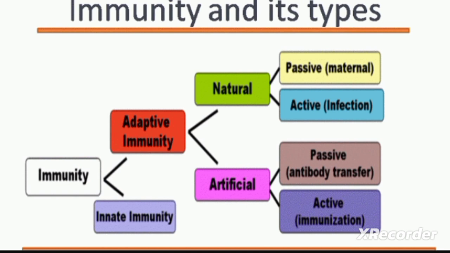For example, if the patient had chickenpox previously, the patient will not develop chickenpox again, because naturally acquired immunity, natural active immunity, is present in that patient. So that is regarding natural active immunity.